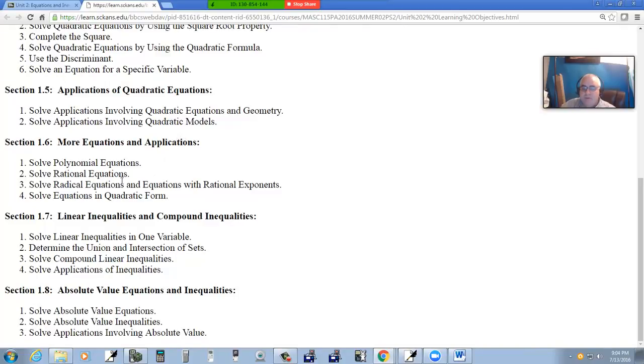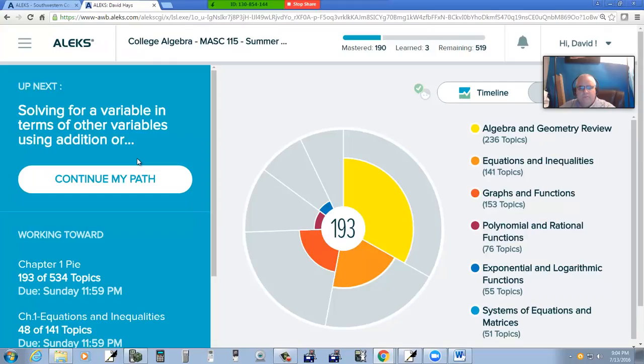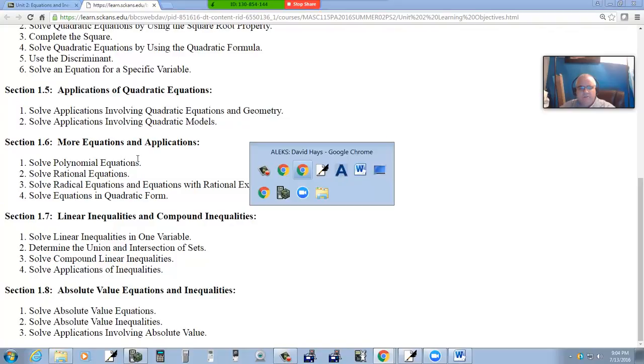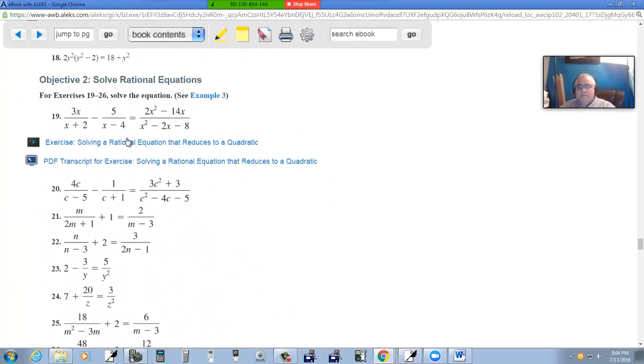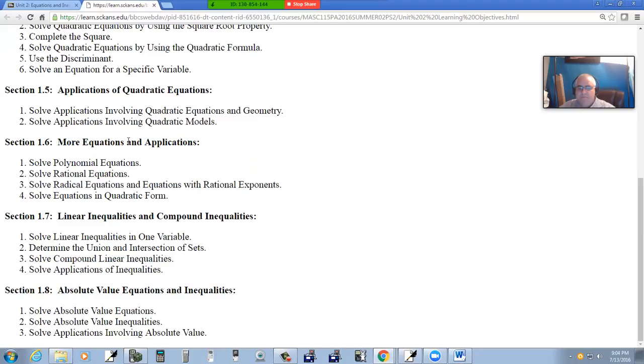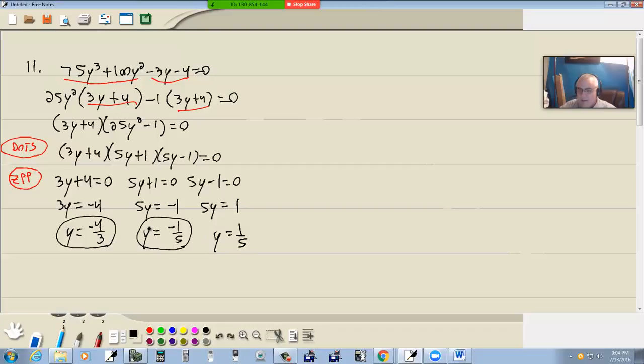Now a rational equation. We already took a look at those. But let's look at number 20. I won't write down the steps again because you got those. Clear this off.